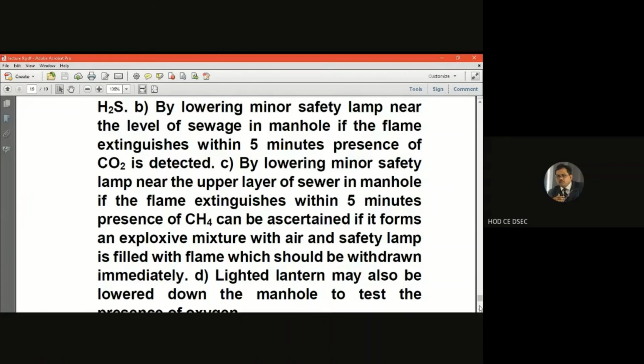Methane forms an explosive mixture with air, and if the safety lamp is filled with flame, it should be withdrawn immediately to avoid accident hazard.